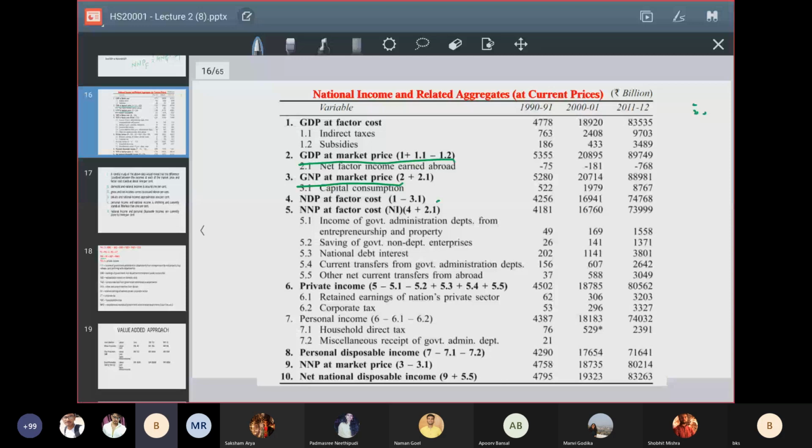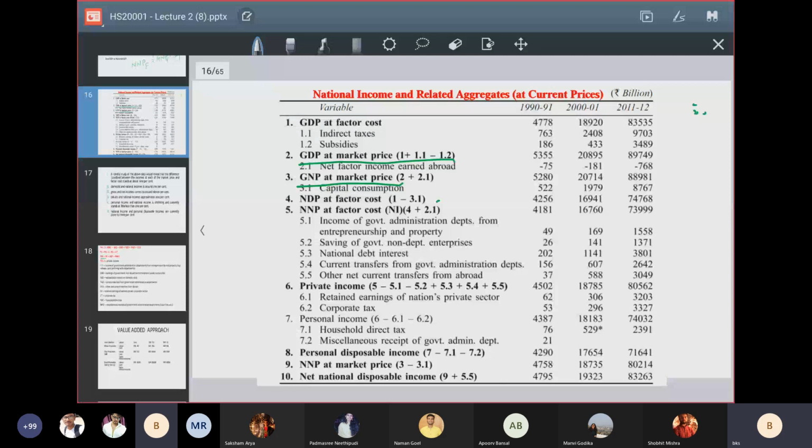Our NDP at factor cost is GDP at factor cost minus capital consumption or depreciation, and similarly NNP at factor cost is equal to NDP at factor cost plus net factor earnings from abroad.